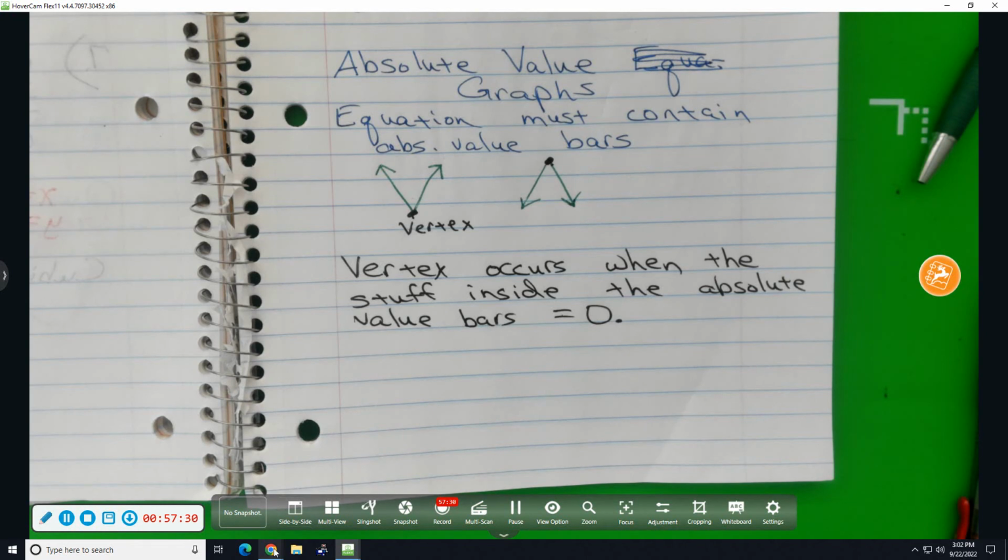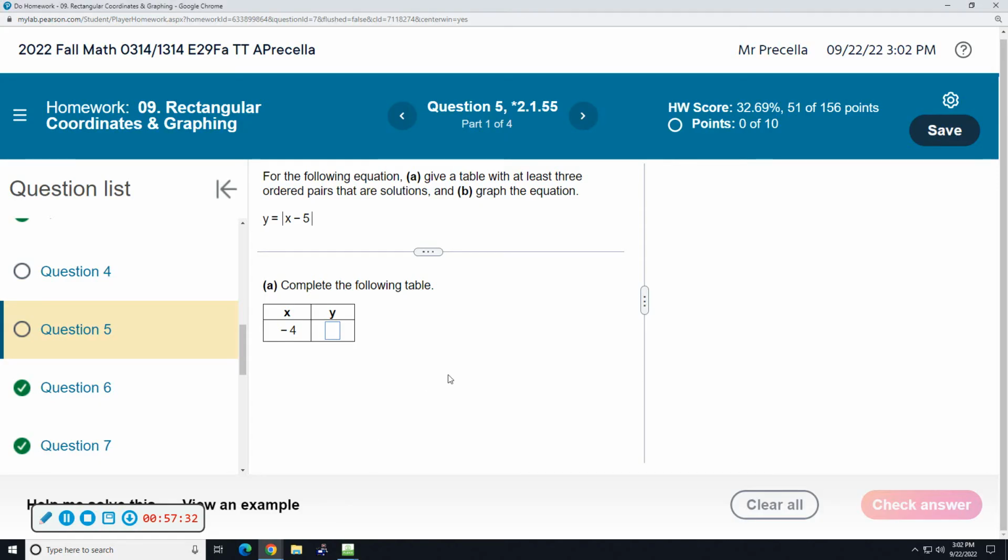Okay, going back to that number 5, let me write the problem down. Y equals the absolute value of x minus 5, and they have a table of values. Let me get started.